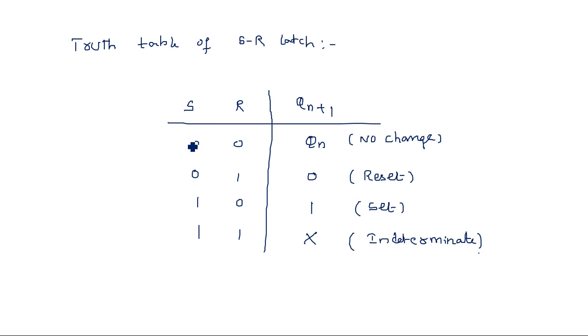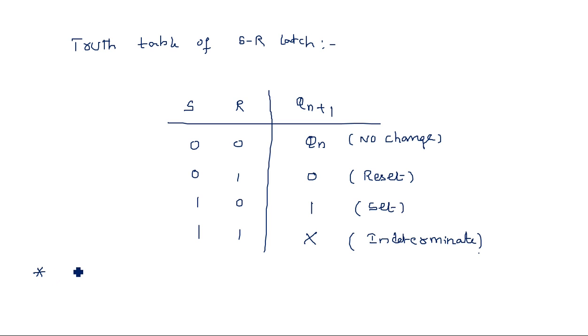Very important. When S is equal to 0, R is equal to 0, it is not changing the previous state. Whatever the previous state, if it is 0, output is 0. If it is 1, output is 1. That is the meaning of Qn directly taken. Qn means whatever the previous state, that will be the same in the next state also.